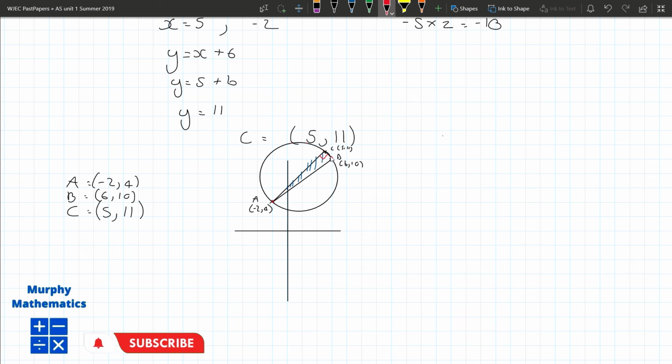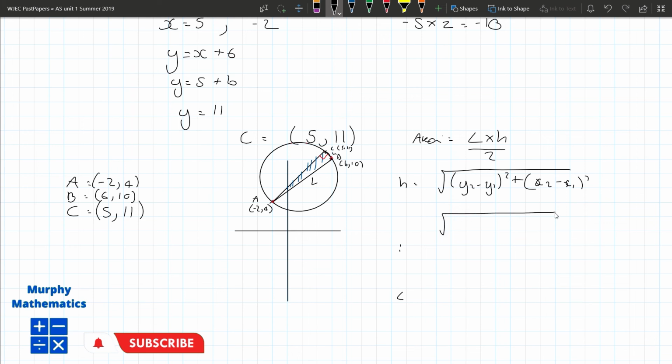Okay, so I need to find the area of a right-angled triangle, we can just use length times height over 2. So we'll call this line down here our length and this our height. So we need to find the length of H and we need to find the length of L. Okay, so the length of the line is just the square root of the difference, so y2 minus y1 squared plus x2 minus x1 squared.